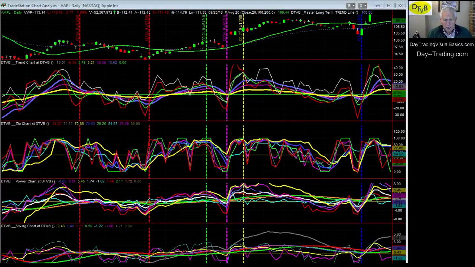And I am going to begin over here on the left with this red vertical line. The trend red is in a BOC pattern.